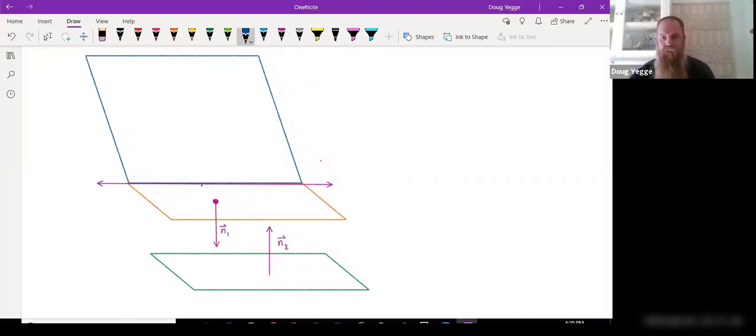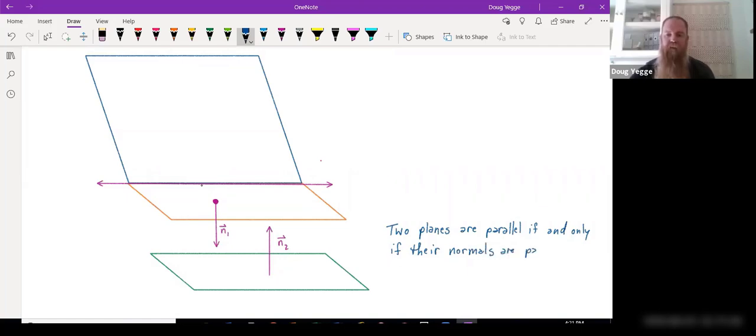Okay, so I'll just write that down here. Two planes are parallel if and only if their normal vectors are parallel.